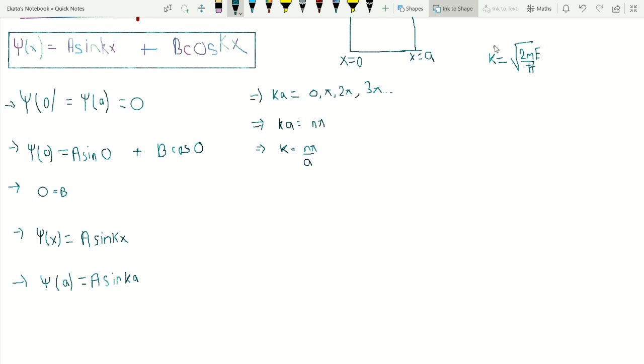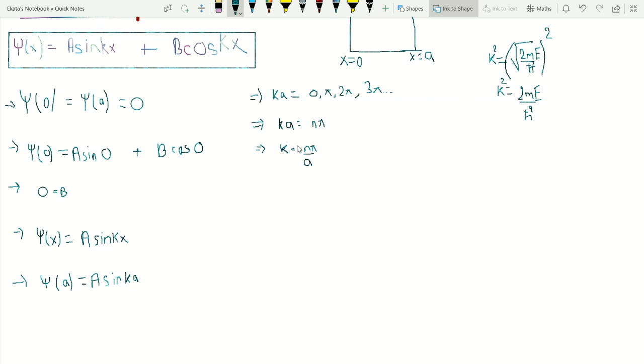So now squaring both sides, this will yield k squared equals 2mE upon h bar squared.